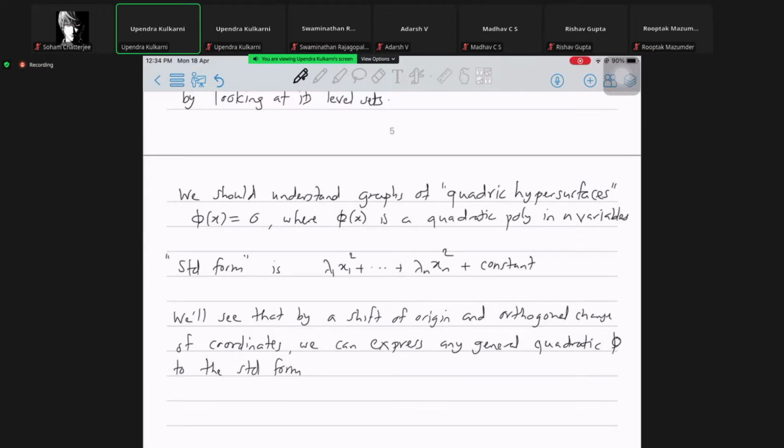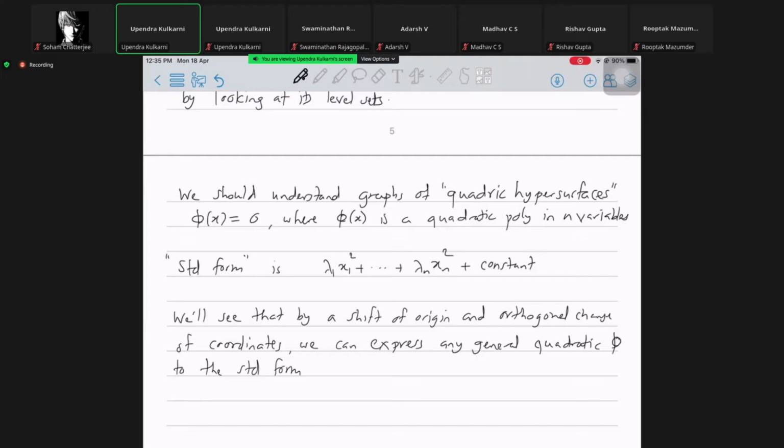Very simple. If I draw the graph of x squared, and then the graph of x minus 3 the whole square, how are the two related? You shift it right by 3 units. And if I add 4 to the whole thing, then I shift it up, right? So I've just shifted the origin from 0 to 3, 4, etc.